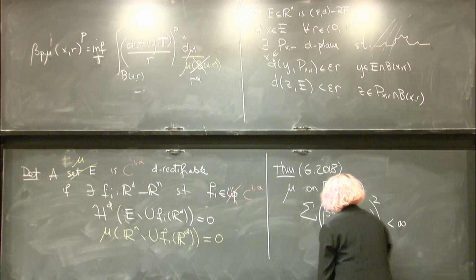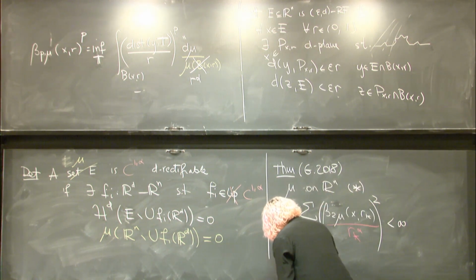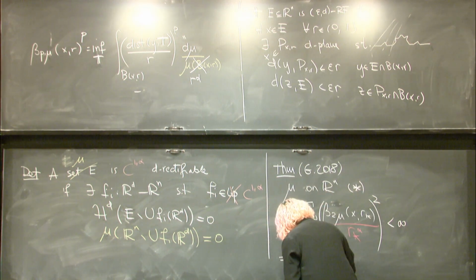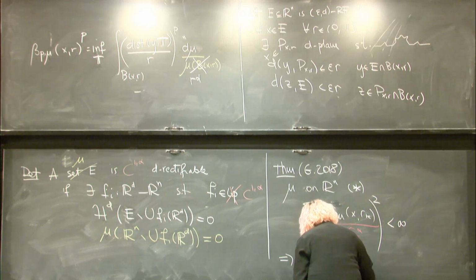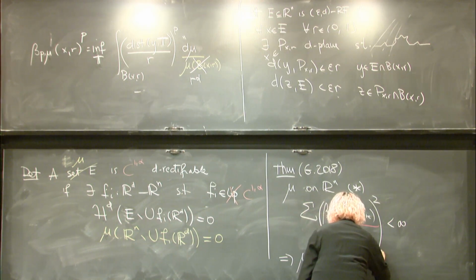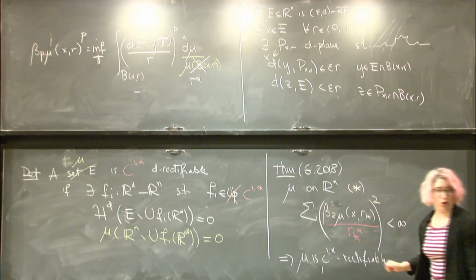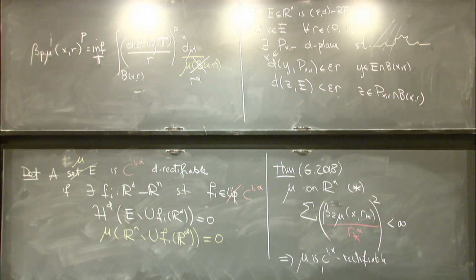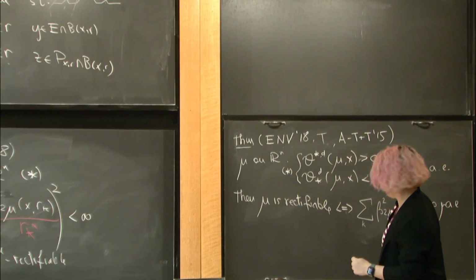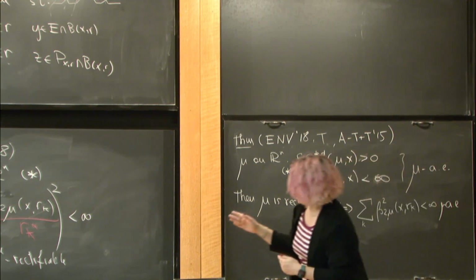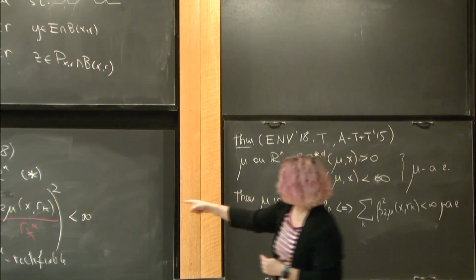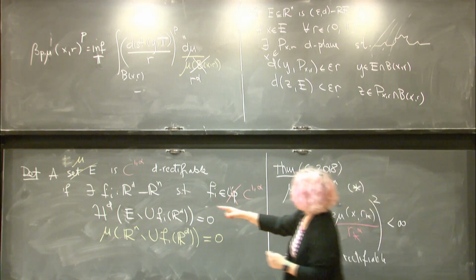If this is finite, then mu is C^{1,alpha} rectifiable. This is exactly what you were expecting at this moment, in line with this, and the sum is the same sum as this one.